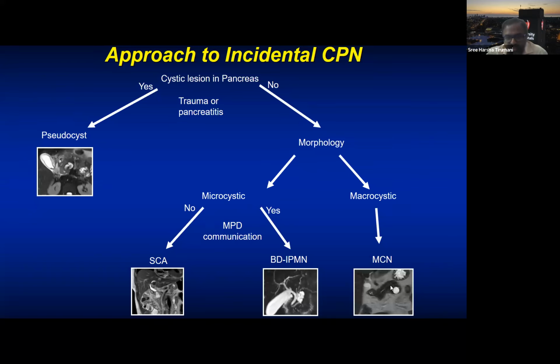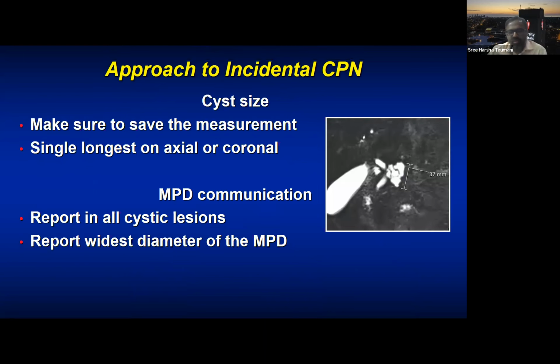If it's macrocystic, it might end up being an MCN. If it's microcystic, it will be either a serous cystadenoma, if there is no communication with the pancreatic duct, or if there is communication, it will be a branch duct IPMN. So this sounds very easy, but it's not always the case. It's very complex, as in how you take other things into consideration.